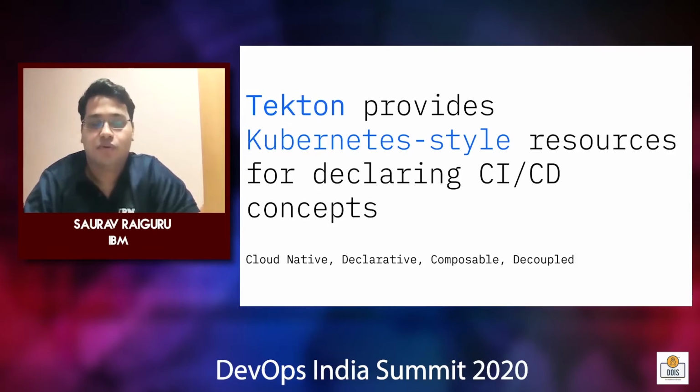It stands on four guiding pillars, the first being the declarative model, in which the concept of YAML in Kubernetes is used. It's composable and decoupled because you can add components of Tekton back and forth and create a complete CI/CD Kubernetes based pipeline.